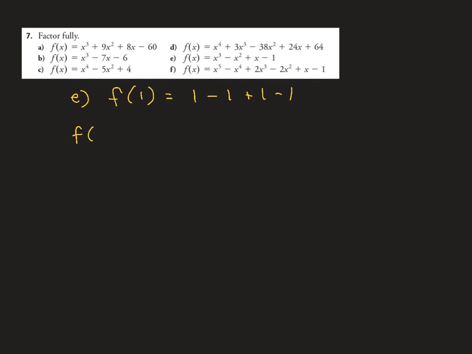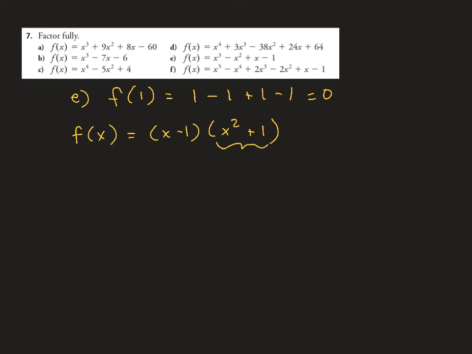So f of 1 equals 0. So f of x equals x minus 1, x squared. That gives me minus x squared, which is perfect. So plus 0x. I need plus 1 more. There we go. X squared plus 1.